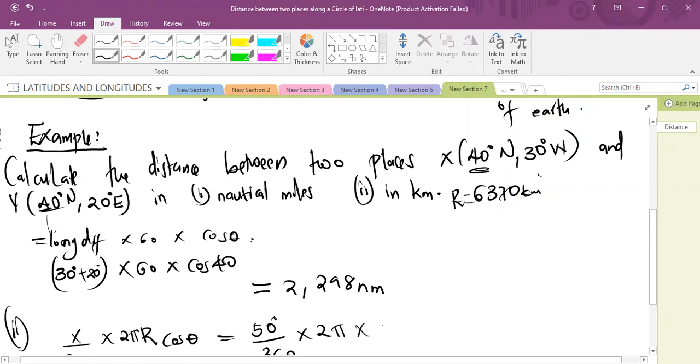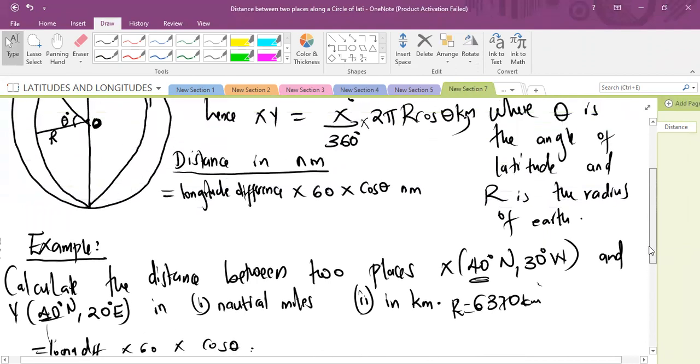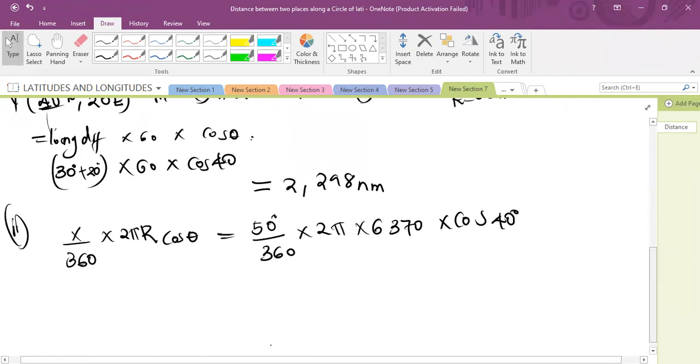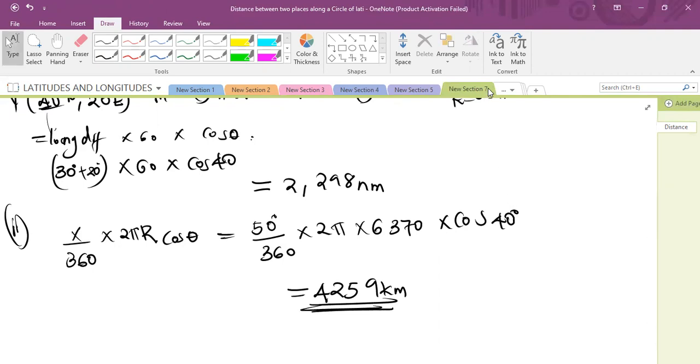So times 6370 times cos of theta, because theta is the angle of the latitude. So evaluating this, we will get 4,259 kilometers.